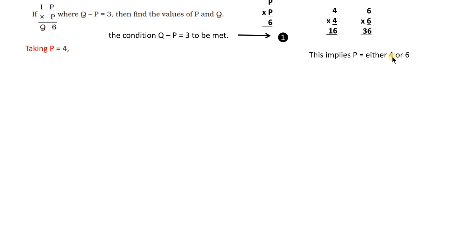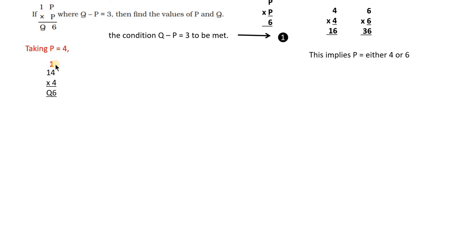Taking p equal to 4, the 2-digit number 1p multiplied by p gives the product q6, where q is the tens digit of the product and 6 is the ones digit. Substituting, we get 14 into 4 equal to q6. 4 fours are 16, carry 1.